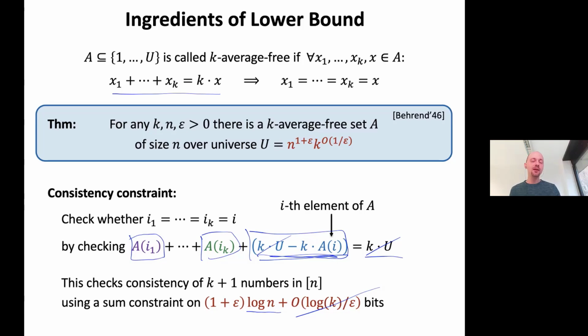So it makes a lot of sense that we need at least log n. And this gadget gives us basically just a 1 plus epsilon overhead, which means that it's a very tight consistency constraint, and it uses basically the minimum number of bits that you can hope for.